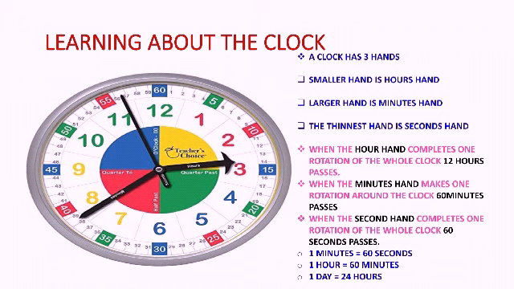And if the hour hand takes 2 rotations of the whole clock, then a day passes, because 1 rotation means 12 hours, so 2 rotations is 24 hours. A day is 24 hours.